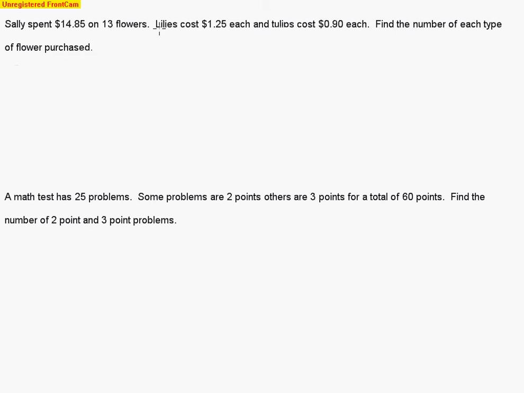So let's assign some variables here. We'll call L the number of lilies that she ended up purchasing. So L is the number of lilies. We'll call T the number of tulips. So this is a quantity value problem because they give us a quantity of flowers.